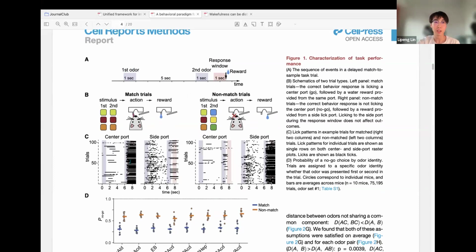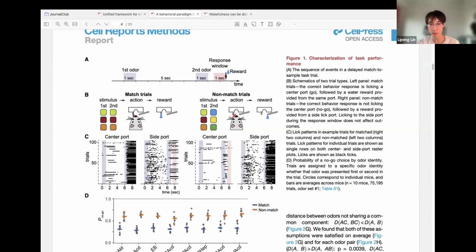You can see here at the match trial, which means the two stimuli are the same, they should lick at this center port, where the block is covered by this black line. But in the non-match trial, they shouldn't lick, so you can see they never lick. Here it is almost blank.